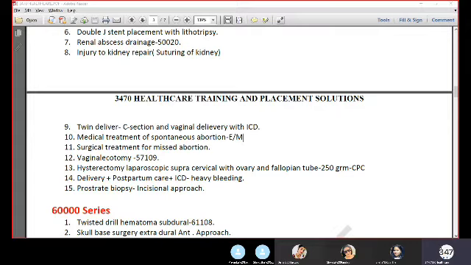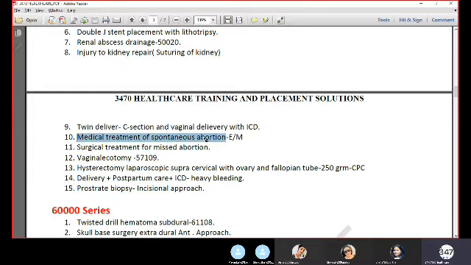Now, here one question is given, right? Medical treatment of spontaneous abortion.